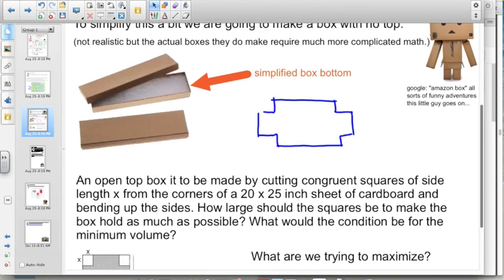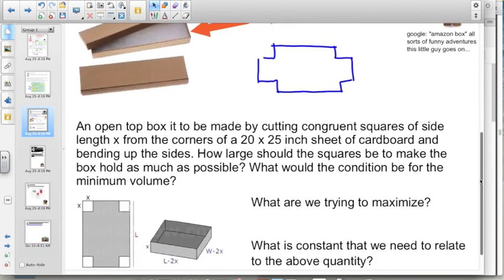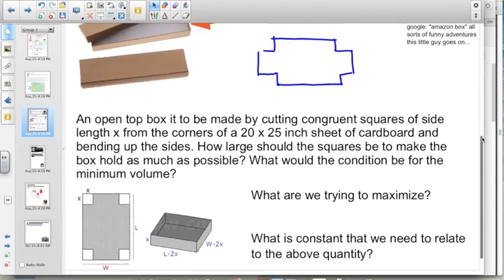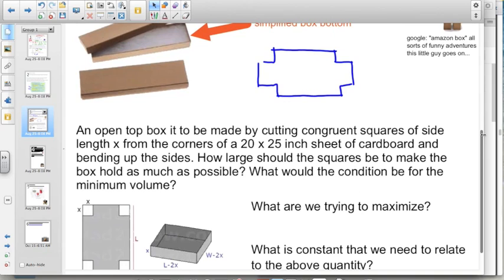So we end up bending up those little tabs to make our box. Okay? And so what we're going to do is we're going to make a box out of a 20 by 25 inch sheet of cardboard. So this cardboard, when it was originally shipped flat, was 20 inches by 25 inches.